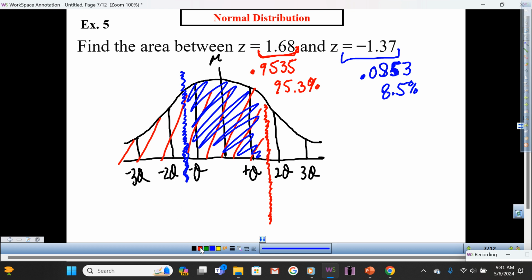Okay, so here it goes, guys. Do we know the percentage from left to right all the way to the red z? Yes? So that means we only need to take away what from all that? Is that correct? So how do we take that piece away? Kendall?